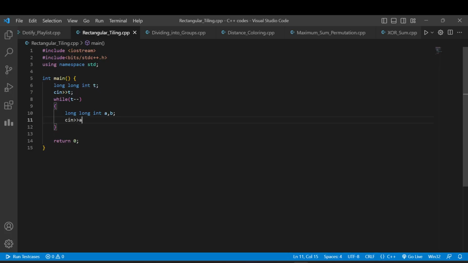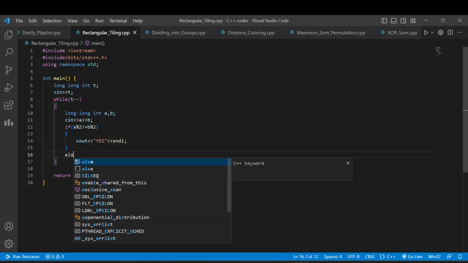Here we take input A and B, and as we discussed, if A mod 2 is not equal to B mod 2, we can print yes.